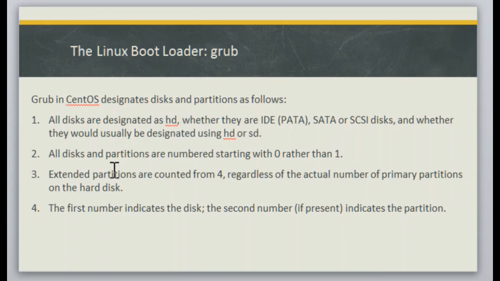Okay? Second, all disks and partitions are numbered starting with 0 rather than 1. Okay, so 1 is actually 0. And then extended partitions are counted from 4 regardless of what the actual number of primary partitions on the hard disk is. And finally, the first number indicates the disk. The second number, if it's present, indicates the partition.